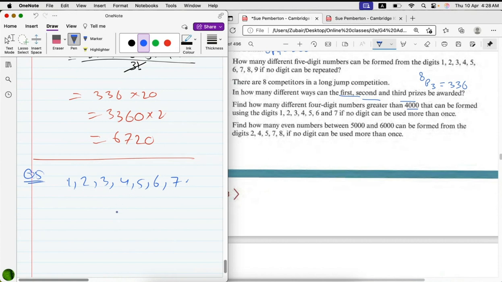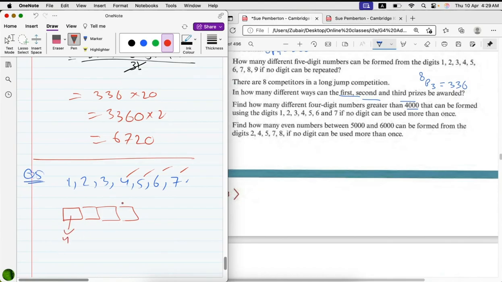So 4-digit number is 4 boxes. For this first box, I can put in these 4 digits, 4, 5, 6, 7, or else it will not be more than 4,000. So I have 4 choices for this box.